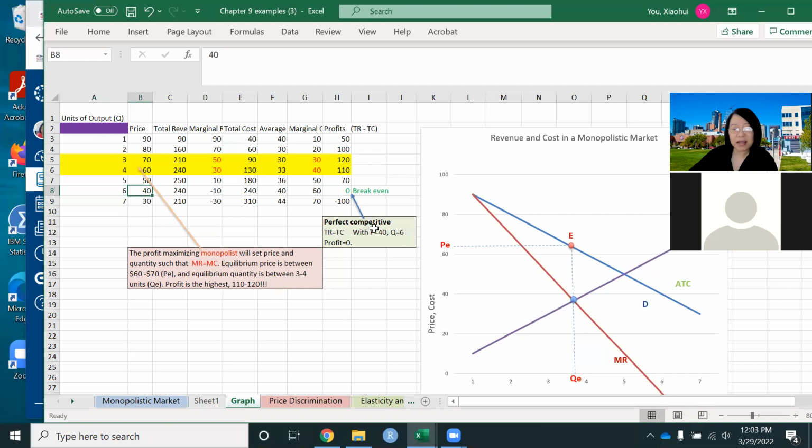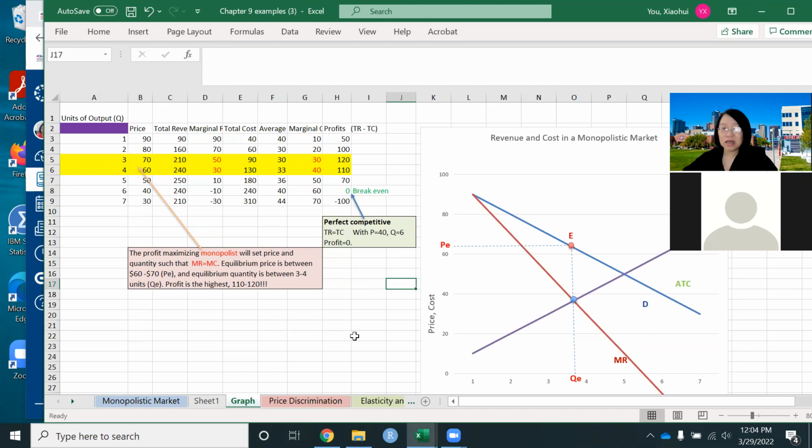And for perfect competitive, they produce 6. But for monopolistic, they produce 3 to 4, far less than perfect competitive. So that's the reason. And for perfect competitive, that's when TR equals TC.